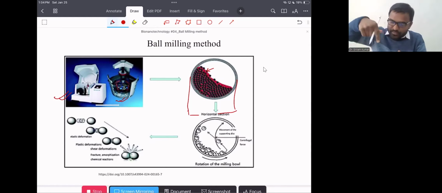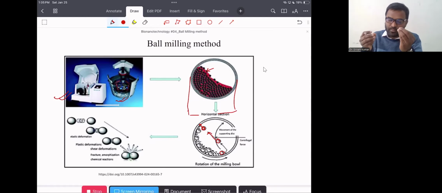If you rotate this container clockwise and anti-clockwise, suppose you have this ball, and because of the sudden movement in the clockwise direction, the ball collides with the surface of the container, or if you already have a ball here, it collides with that particular ball. So you already have a ball here, and another ball is coming from this side and colliding. What happens if you have the material between the balls?